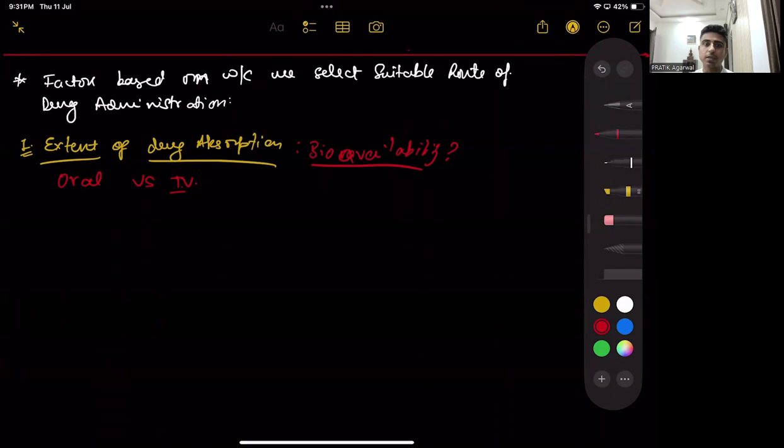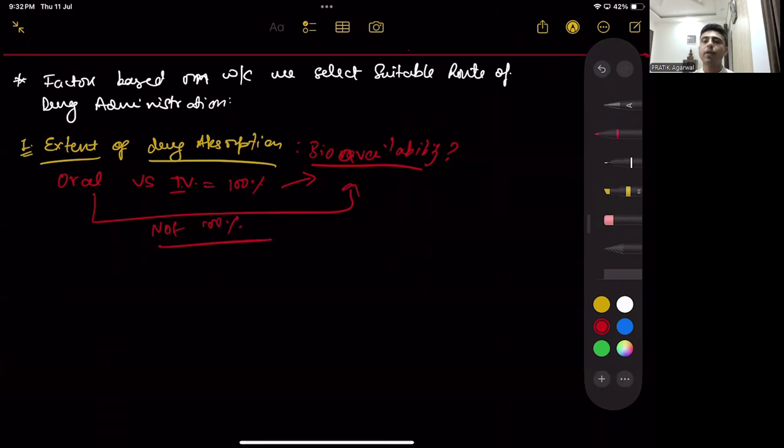But in the case of IV, as we are directly giving the drug into the veins, into the bloodstream, the drug is fully available to the site at which it needs to show its effect. So we can say that the IV route is 100% bioavailable, whereas the oral route is not.